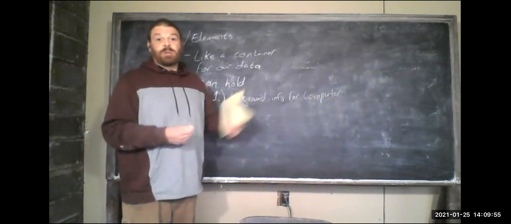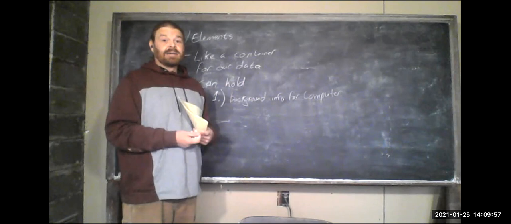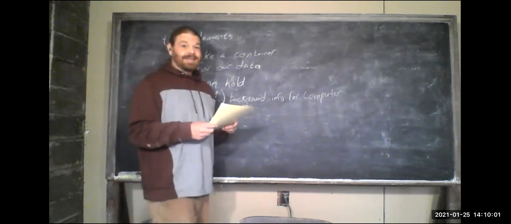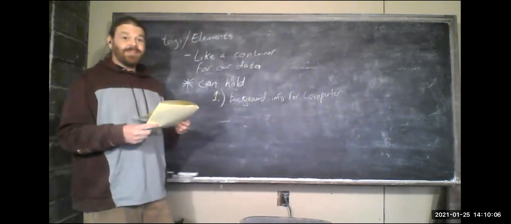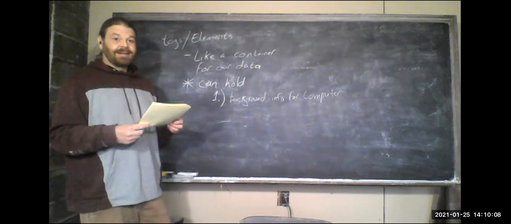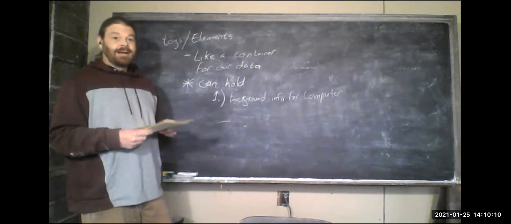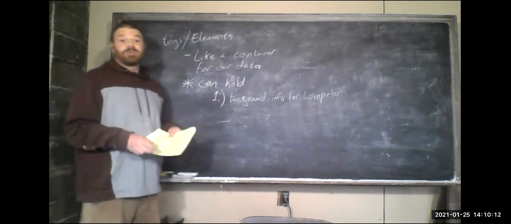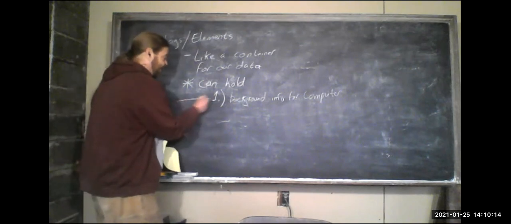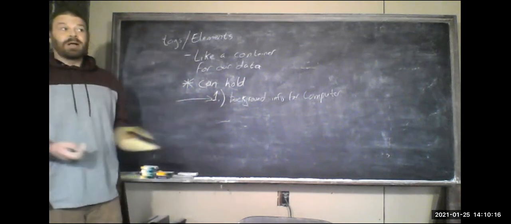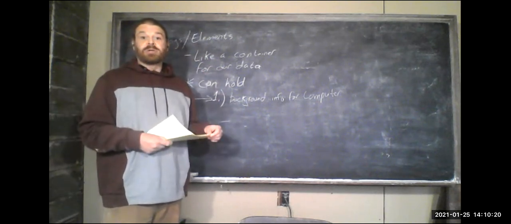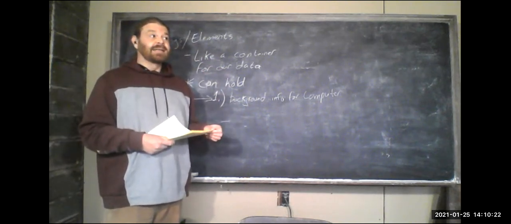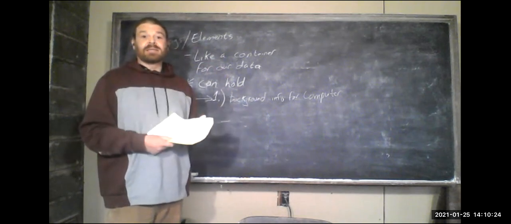I wrote info or information. Does everybody know the difference between information and data? Has anybody heard that described before? Information is useful. Data would just be like a set of raw numbers, say 62 inches.